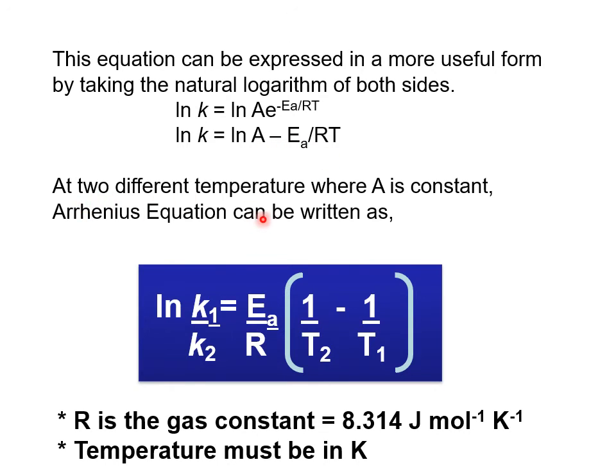At two different temperatures where A is constant, the Arrhenius equation can be written as ln(k1/k2) = Ea/R (1/T2 − 1/T1), whereby R is the energy constant, 8.314 joule per mole per Kelvin, and the temperature must be an absolute one.